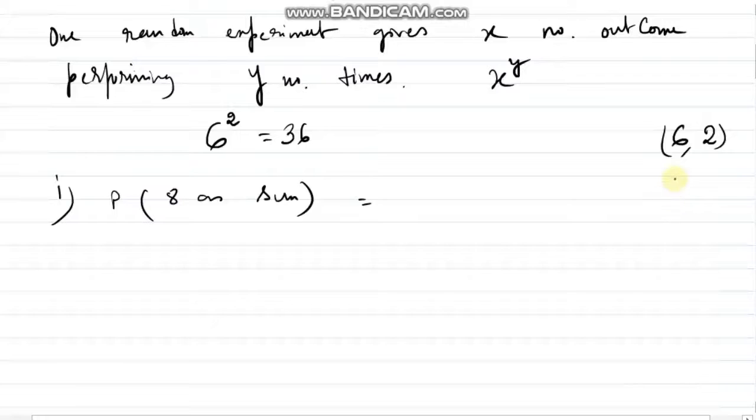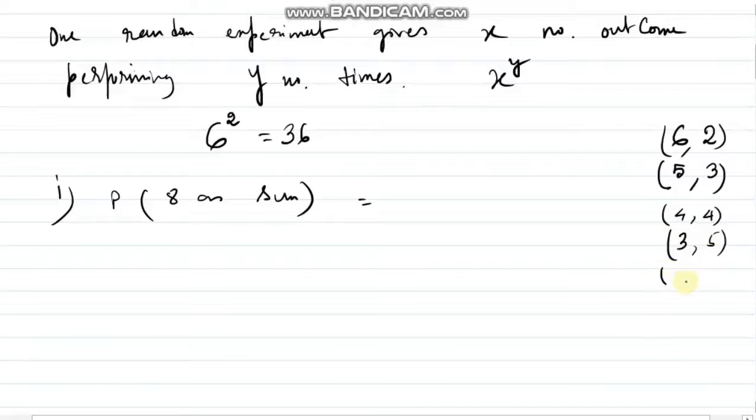Now gradually increase the value of one die and decrease the value of the other. The value of this die cannot be more than 6, that's the highest. So we will decrease this value to 5, so the other will be increased. 4 decreased, 4 increased, and so on, decreased, increased, decreased, increased.